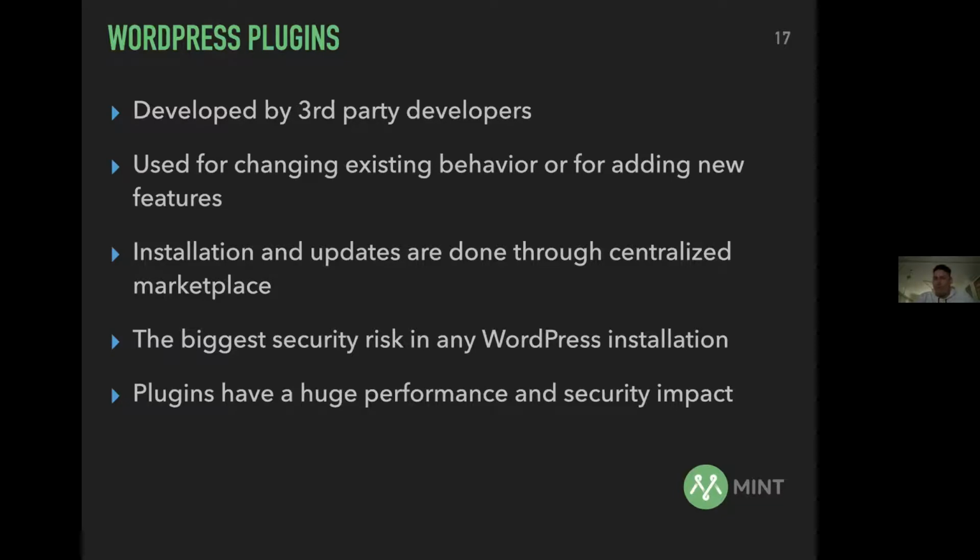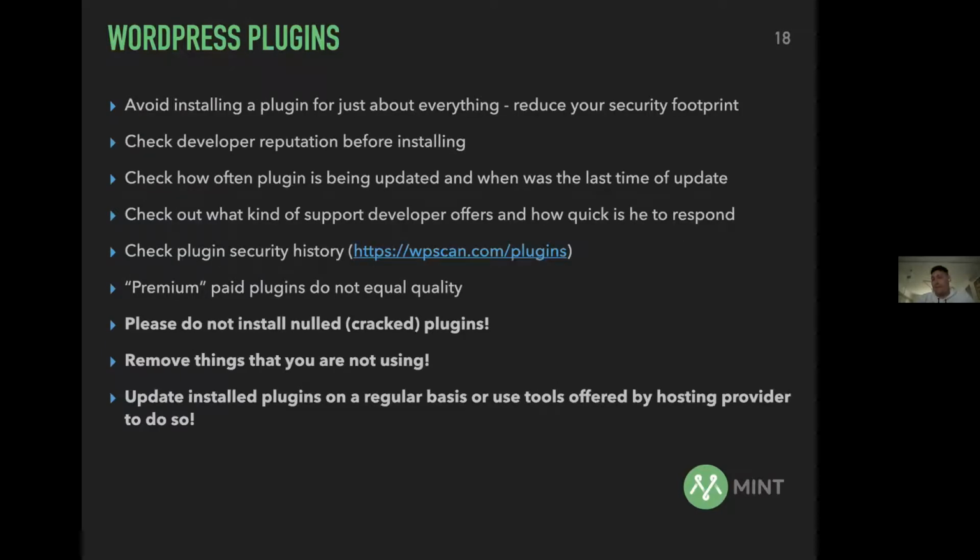So if your WordPress is starting to feel slow, that's probably because you have too many plugins installed for various purposes, and you really need to rethink your strategy on WordPress plugins. You really need to try to remove some of those, because you really do not need everything.